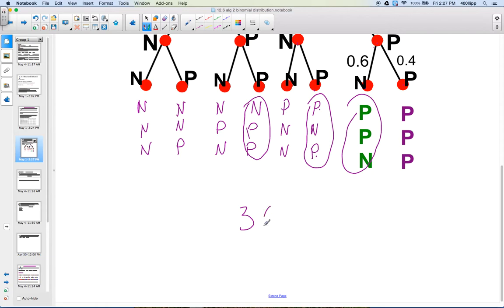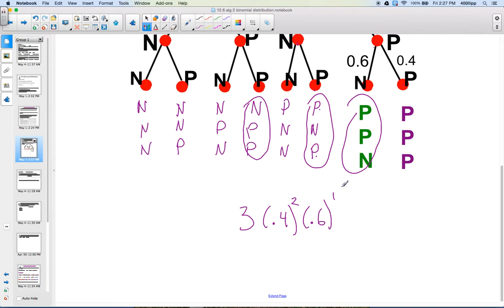We know that the probability of success, we said, is 0.4. And we want 2 of those to give us success, 2 of the cards to give us a prize. The probability of failure is 0.6, and one of the times we'll get no prize, or failure. Okay? And then we're just going to multiply this out.